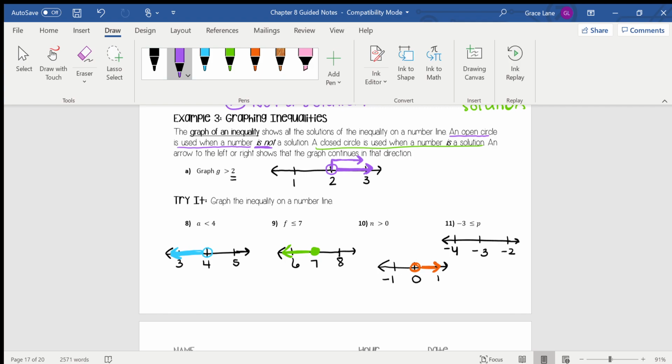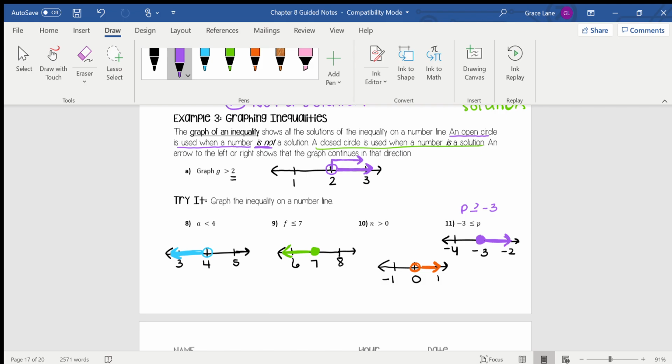So if -3 is less than p, you kind of have to reverse this and think that p is greater than or equal to -3. So your graph should be a closed dot because it says or equal to, and it is pointing to the right. Numbers bigger than that. All right.